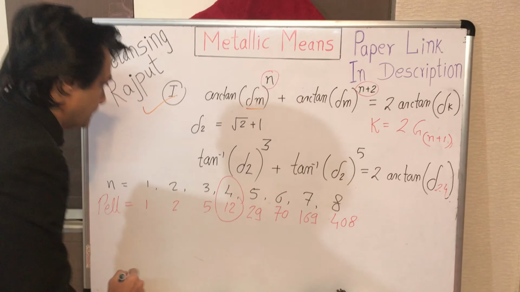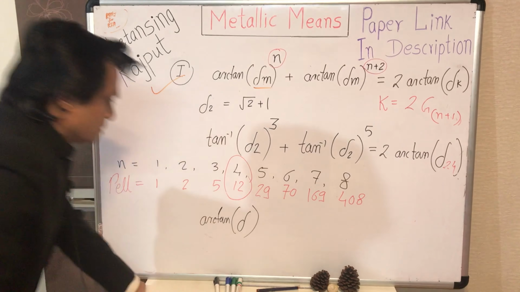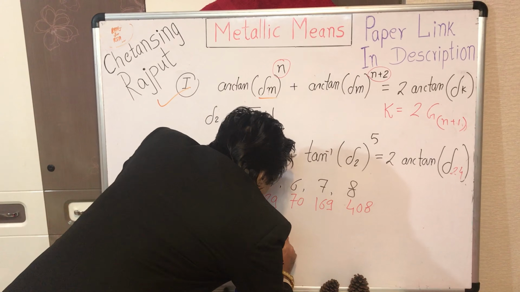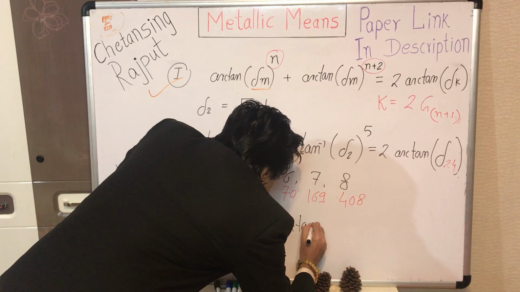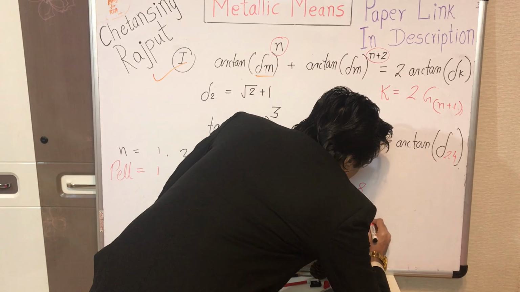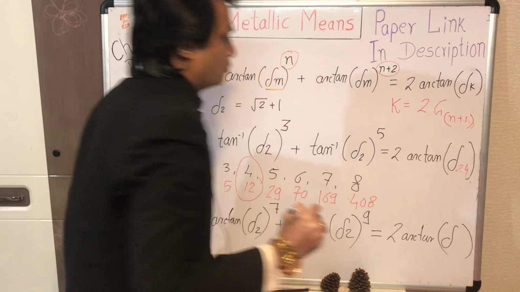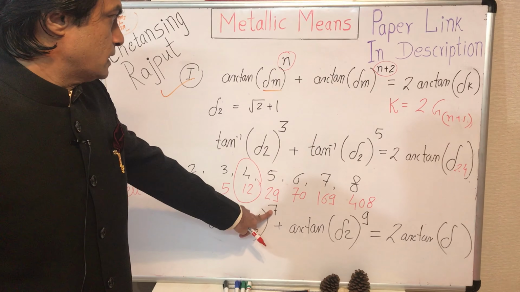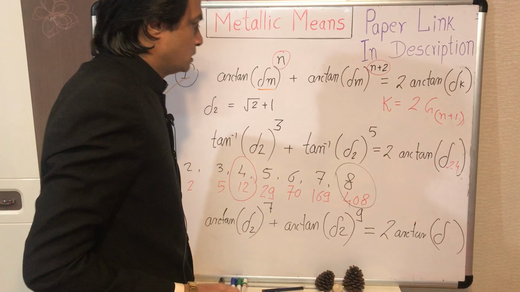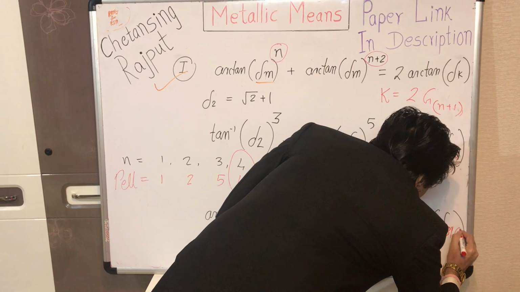Let us take another example: the arctangent of, say this time, the 7th power of the silver ratio plus the arctangent of the (n plus 2)th, 9th power of the silver ratio, and this will give us twice the arctangent of which metallic mean this time? n is equal to 7, 7 plus 1, that is 8, the 8th Pell number is 408, twice that will be 816, the 816th metallic mean.